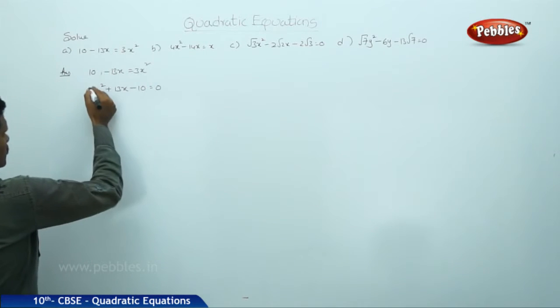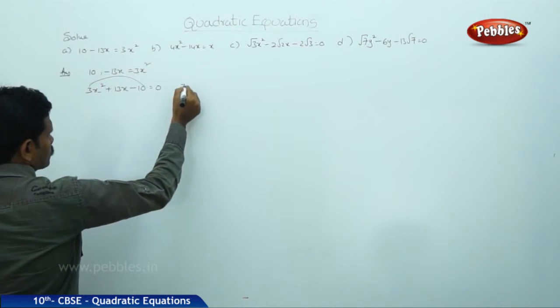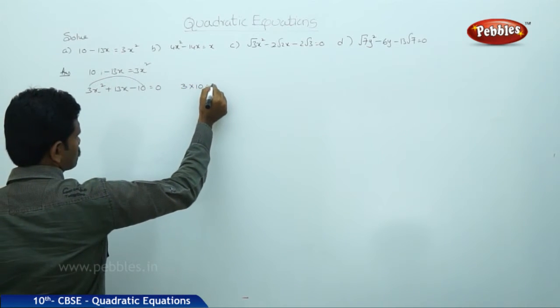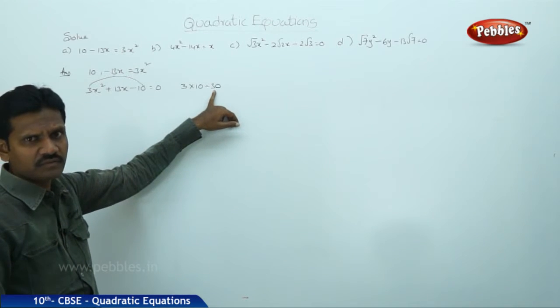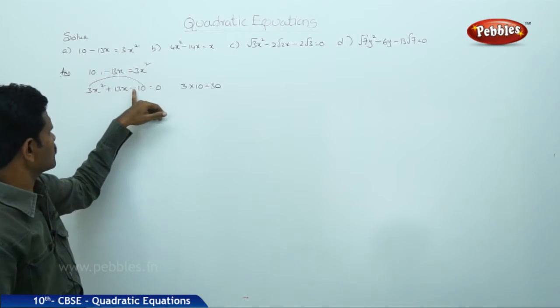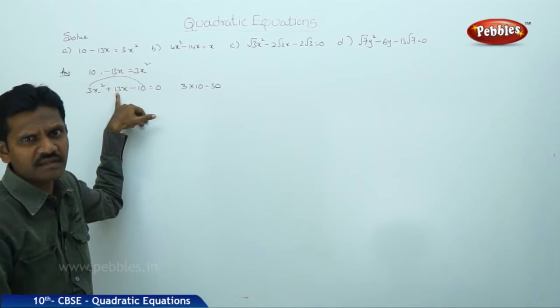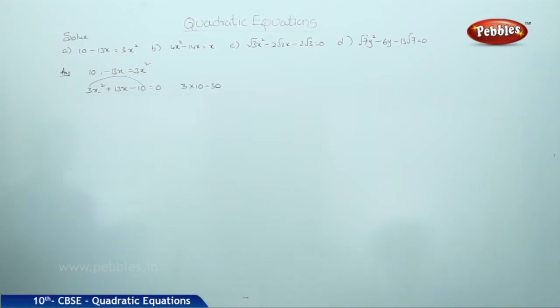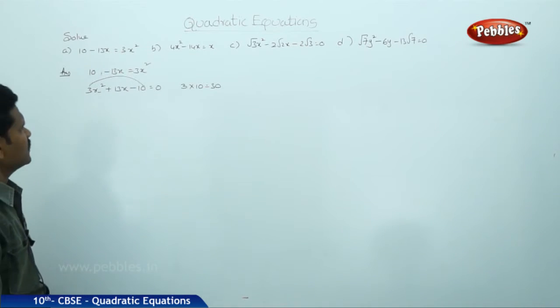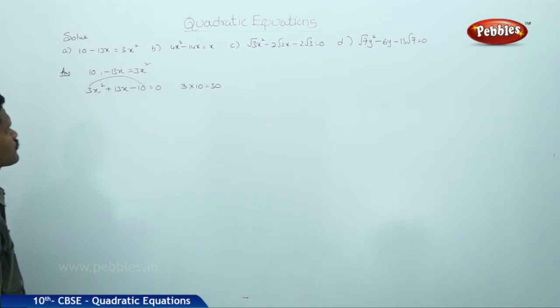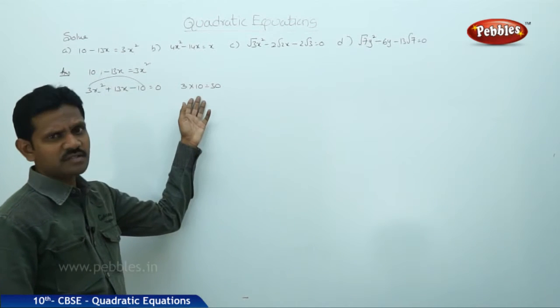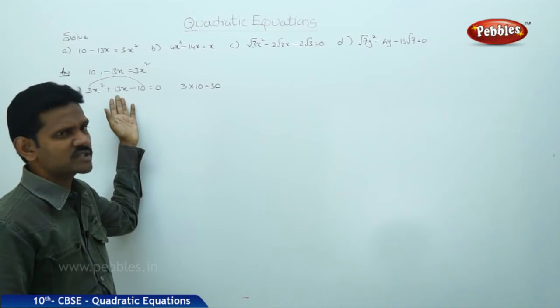Now 3 into 10 is equal to 30. Now we have to find the factors of 30 such that after subtraction we get the number 13.